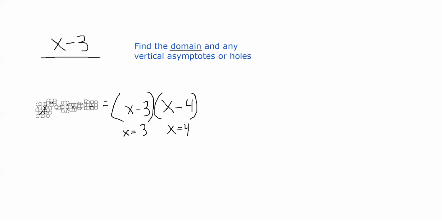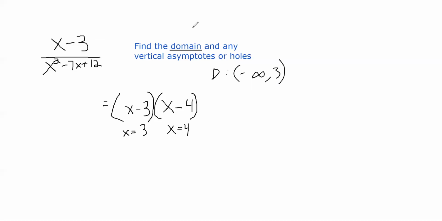So let's restore this. The domain is going to look just like the last one did, kind of. It's going to be the whole real number line except for 3 and 4. So we need to go from negative infinity up to 3, union with everything between 3 and 4. And if you think there's nothing in between 3 and 4, you're wrong. Think of all the real numbers, not just whole numbers.